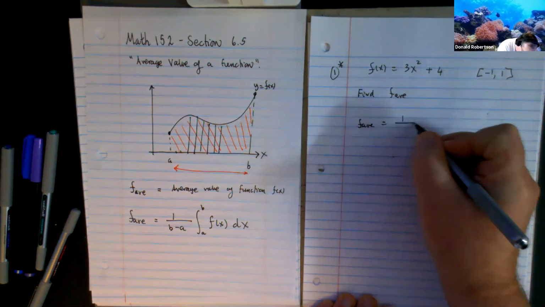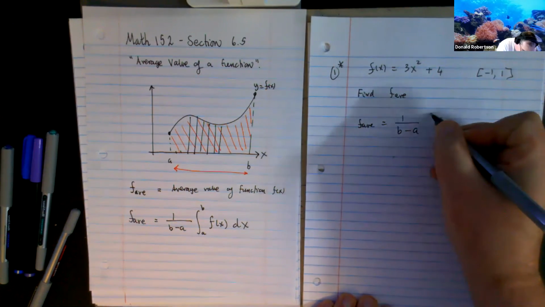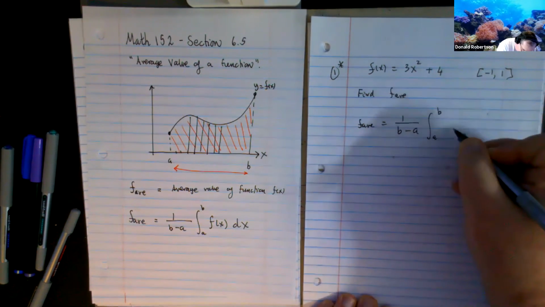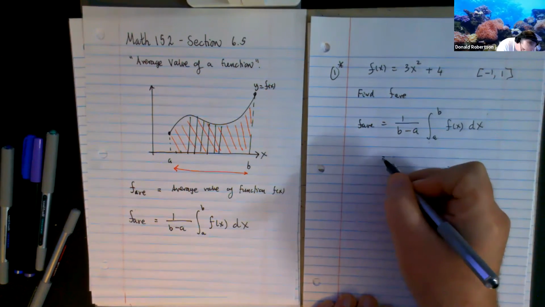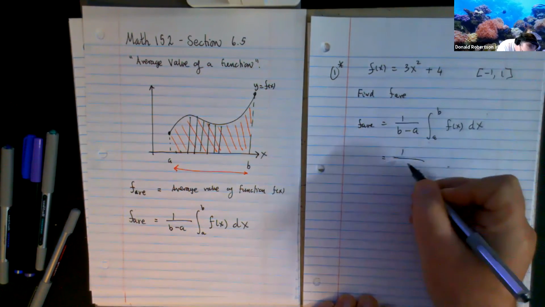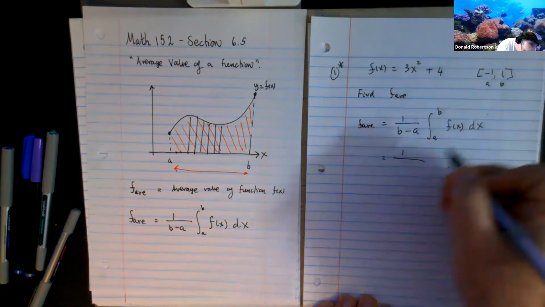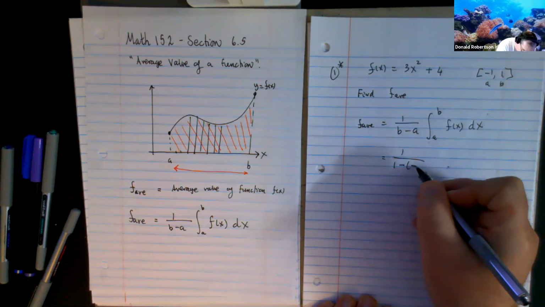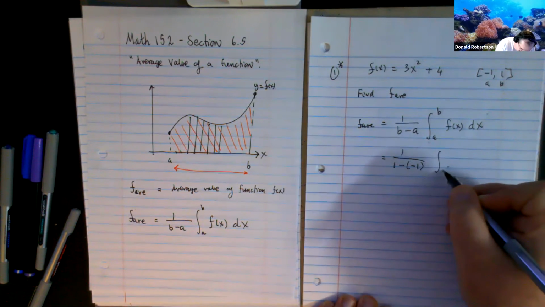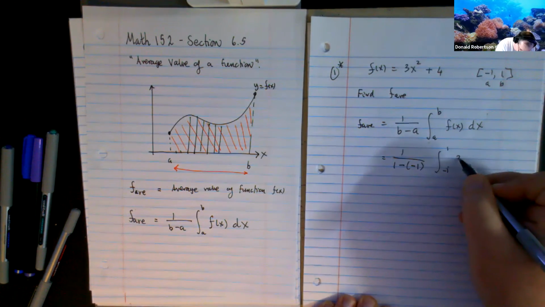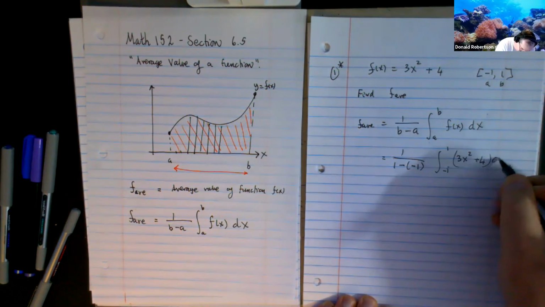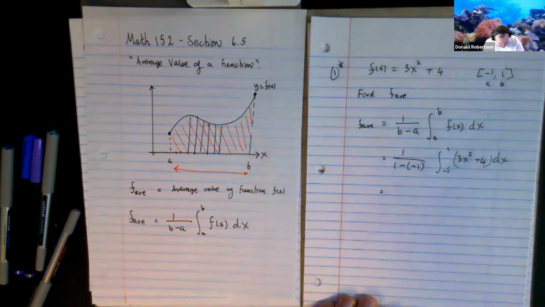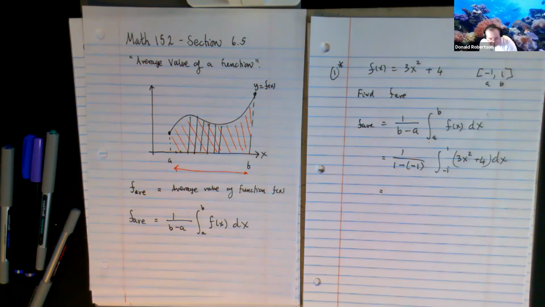It's 1 over b minus a, the integral from a to b of the function dx. In this case, that's a and b, so it's 1 take away -1. And the integral is -1 to 1 of 3x squared plus 4 dx.